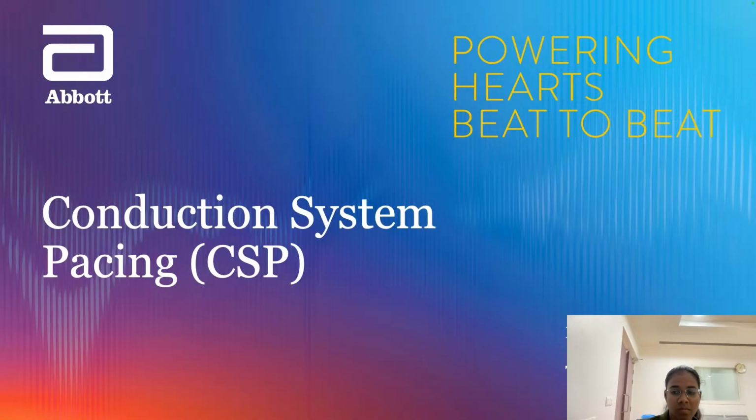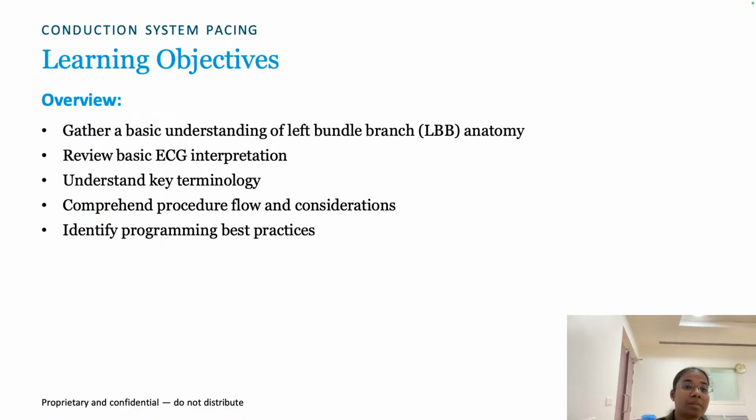The objective of CSP today is a basic understanding of conduction system pacing, comparing the RV pacing to the conduction system pacing, and basic ECG, how we interpret the ECG when we are pacing the conduction system, and understanding the terminology, through LBBAP and the QRS response for the CRT, and what the procedures for the implant steps include, the hardware of Abbott and how we can maneuver the hardware according to the patient's anatomy, and best practice, how we can program the device depending upon the parameters we got on the table, with the AV optimization and unipolar pacing, bipolar pacing, everything.